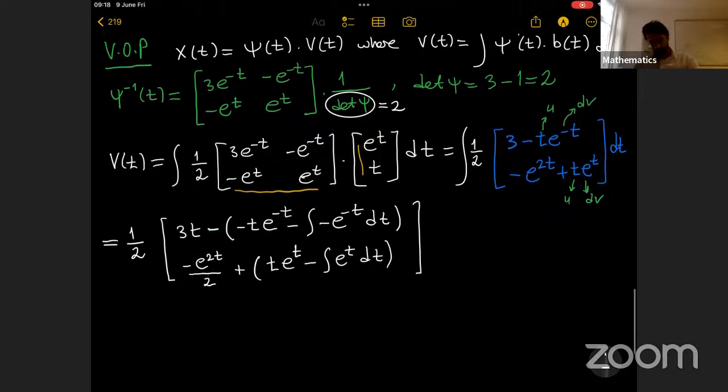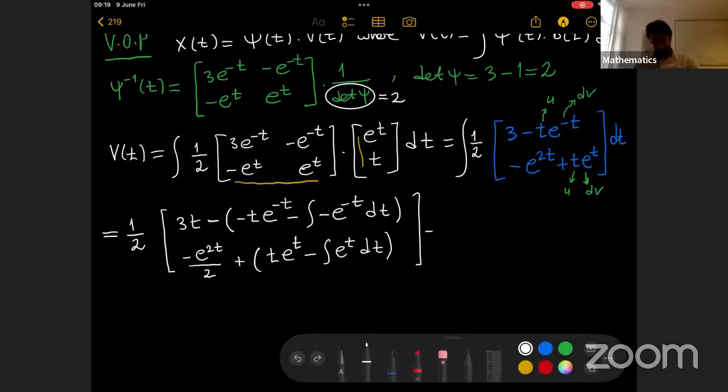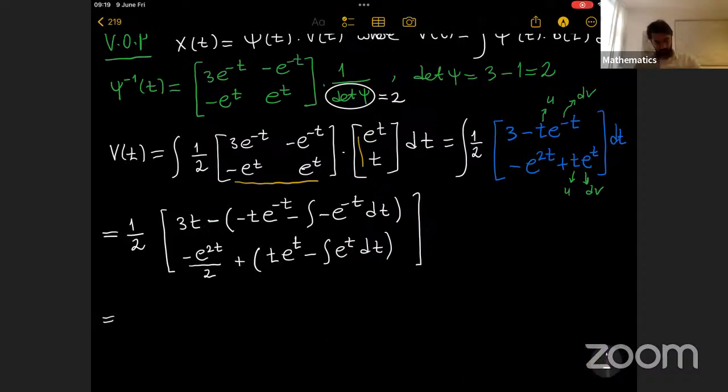Well, now we can simplify this. It's going to be 1/2. Let's write this down here: 3t plus t times e to the minus t, right?